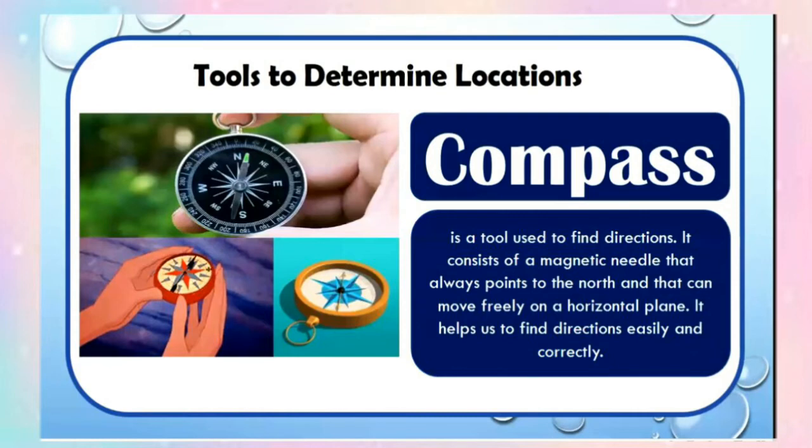It consists of a magnetic needle that always points to the north and can move freely on a horizontal plane. It helps us find directions easily and correctly. It's also important when you're in the middle of the forest and you want to find a direction. Then you can use a compass.